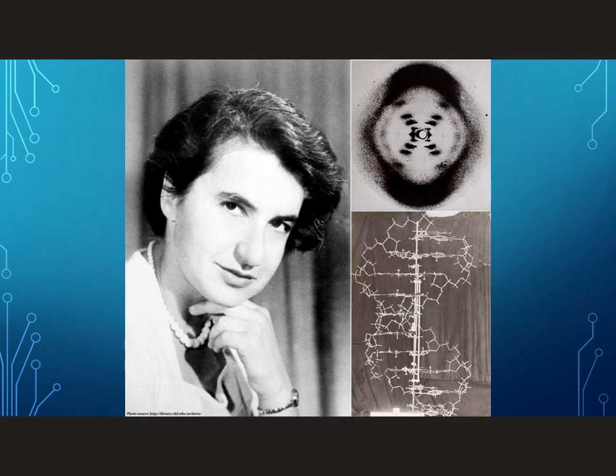Franklin produced a picture of the DNA molecule using this technique. Franklin's X-ray crystallographic images of DNA enabled Watson to deduce that DNA was helical. The X-ray images also enabled Watson to deduce the width of the helix and the spacing of the nitrogenous bases.